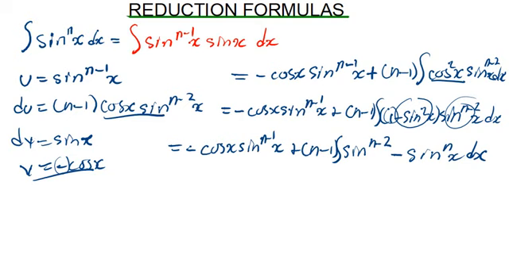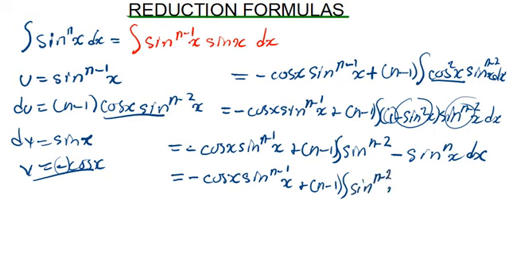So what we end up having is minus cos x sine n minus 1 x plus n minus 1, and I'm writing them as separate integrals, the integral of sine n minus 2 of x dx, then minus n minus 1 times the integral of sine n of x dx.